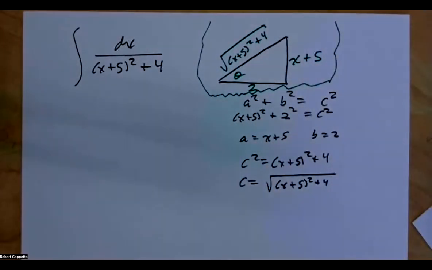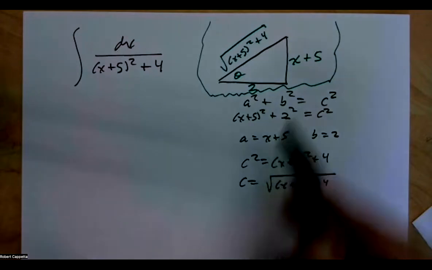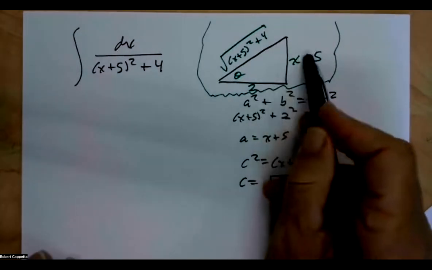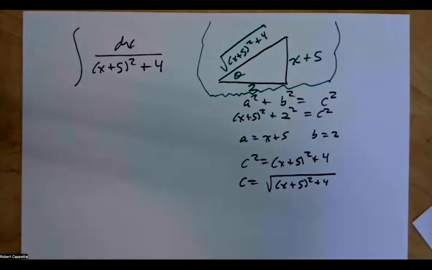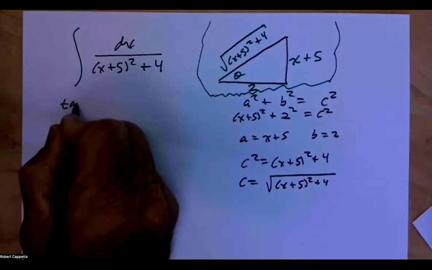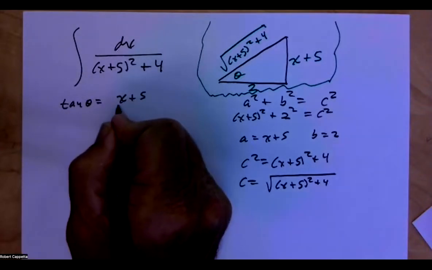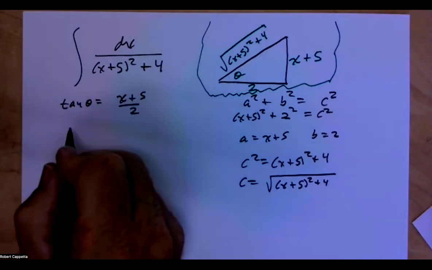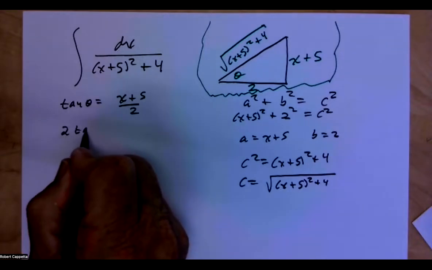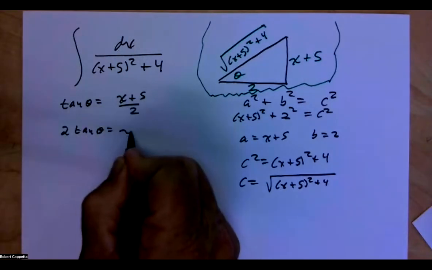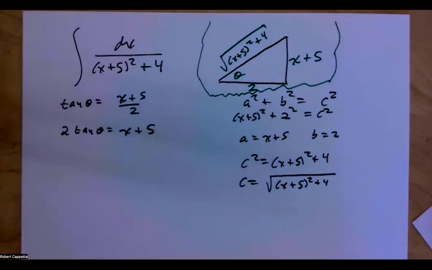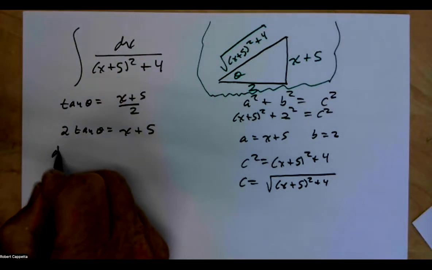We want to do some analysis on that triangle. We will start with the simplest ratio, which is opposite over adjacent. Tangent of theta is x plus 5 over 2. If you like, 2 tangent theta is x plus 5. Let's take the derivative with respect to x of both sides.